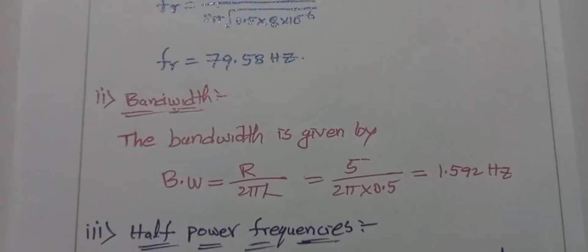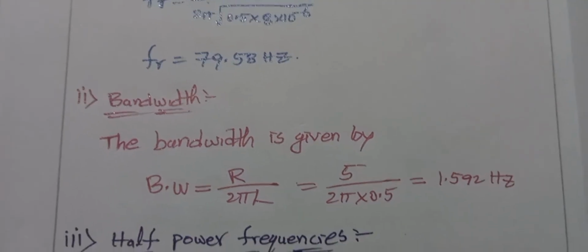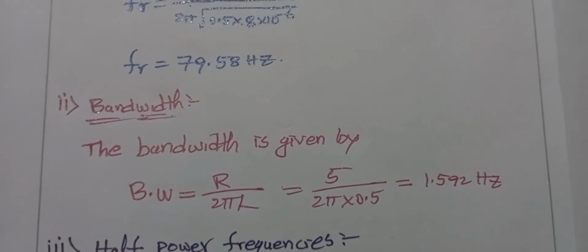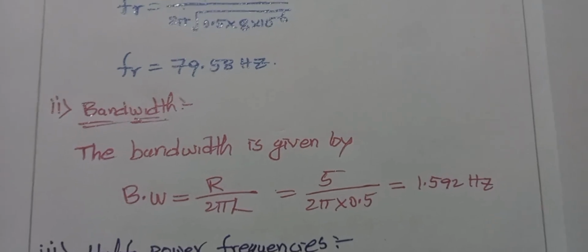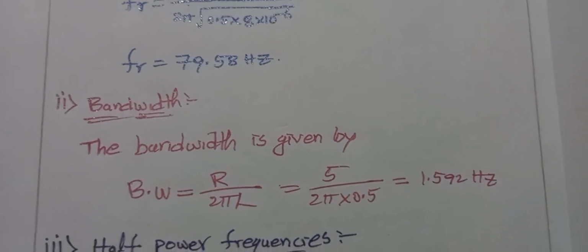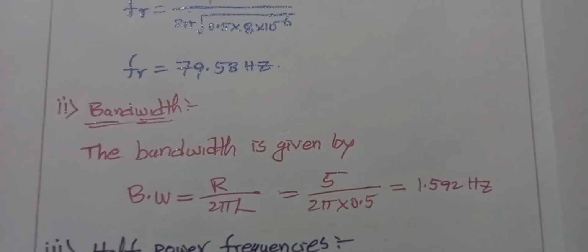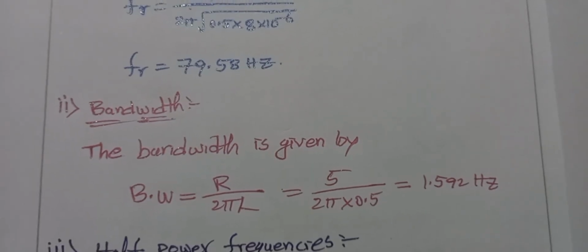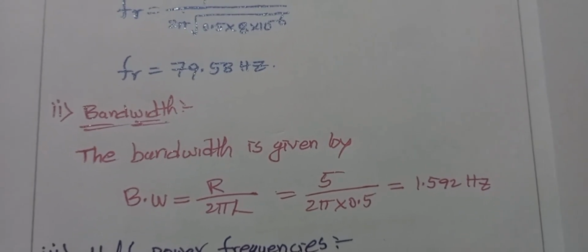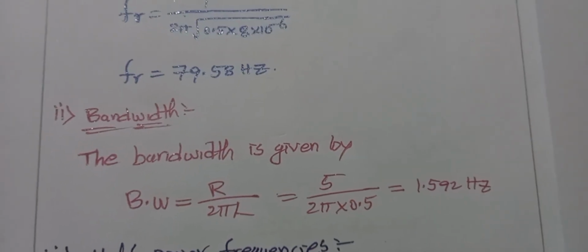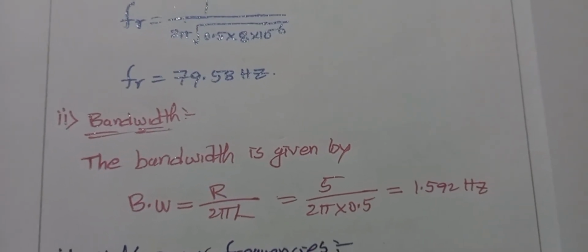Then we are going to calculate bandwidth, second value. So the bandwidth formula for RLC series circuit is R by 2 pi L. So this is a standard formula for bandwidth. If in any case we get bandwidth for an LC circuit, then that one is completely different.